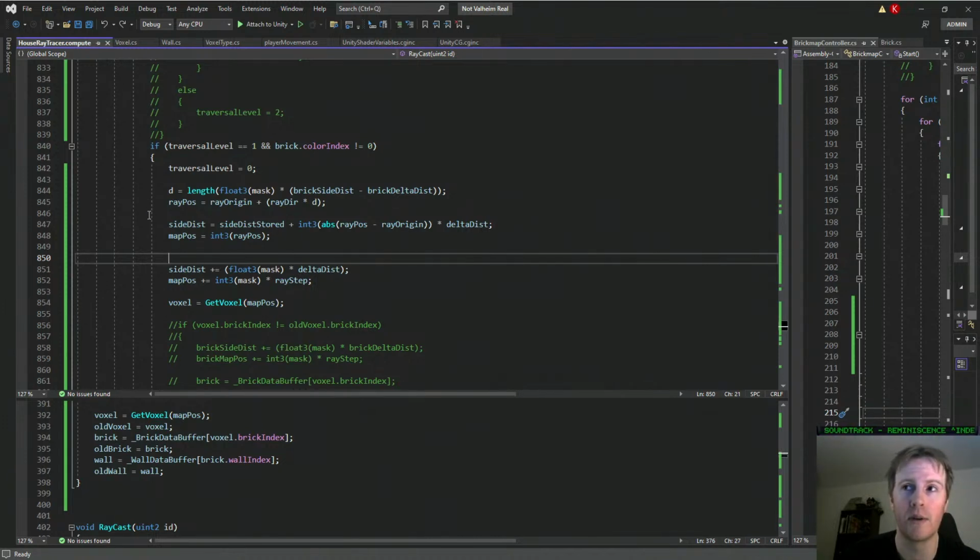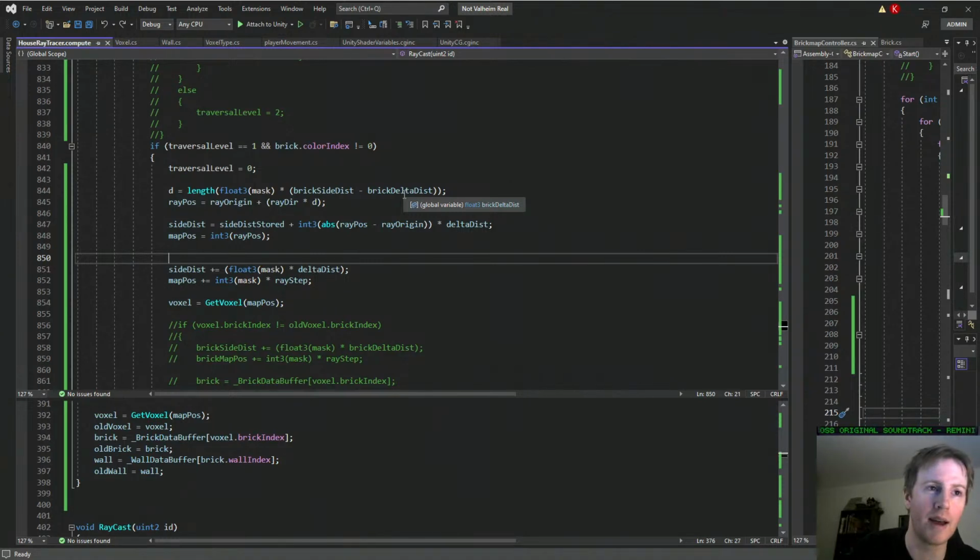If that is accurate, then I should be able to take our original starting position, right? And I should be able to subtract that from our new position in integers, and that should tell us exactly how many steps we have moved in each axis accurately.